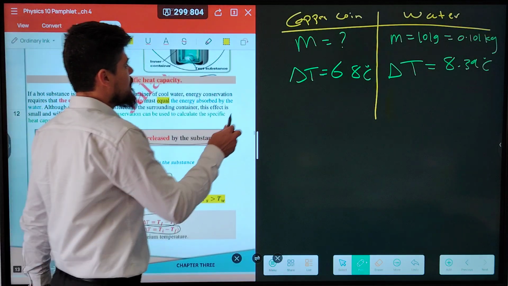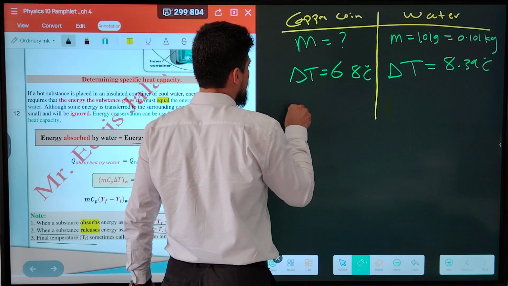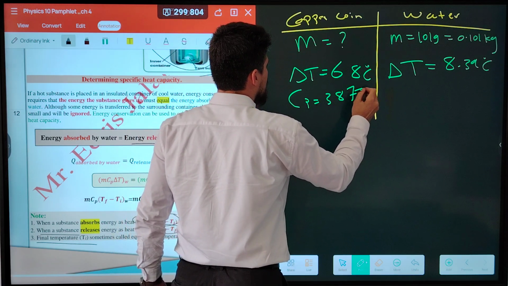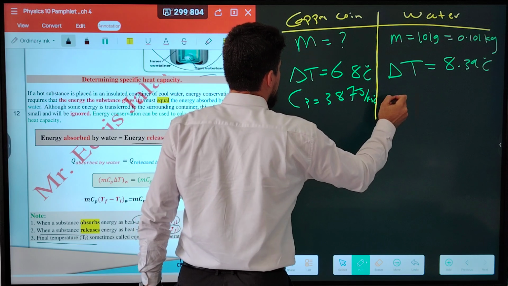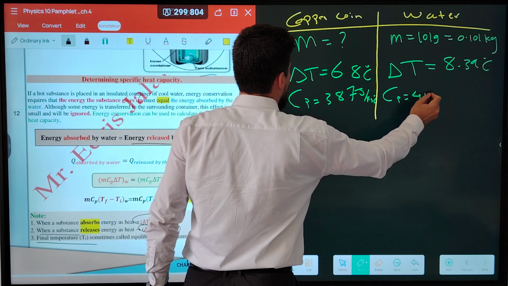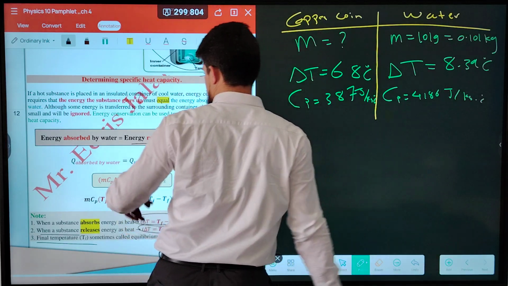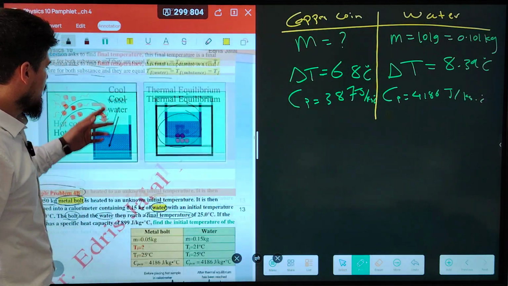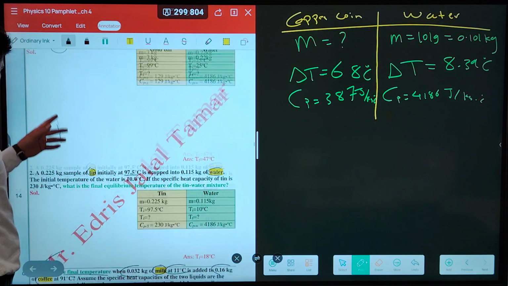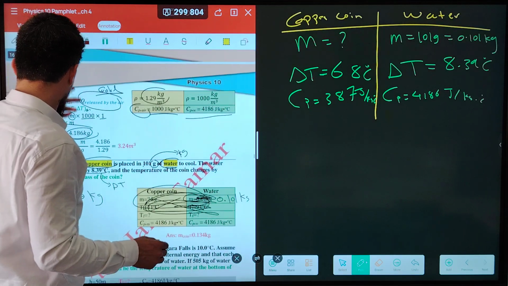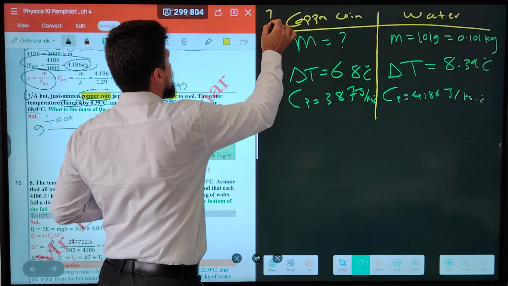So Cp of copper is 387 joule per kilogram Celsius. Cp of water is 4186 joule per kilogram Celsius. Okay. This is question 7.